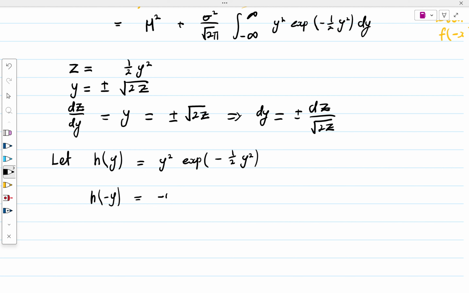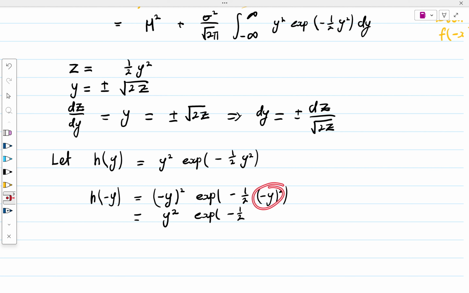So for the first term, it's negative y all squared, exp of negative a half, again, negative y all squared. After some simplification, when you take a negative and you square it, you end up back with the positive. So that becomes just simply y squared, exp negative a half.